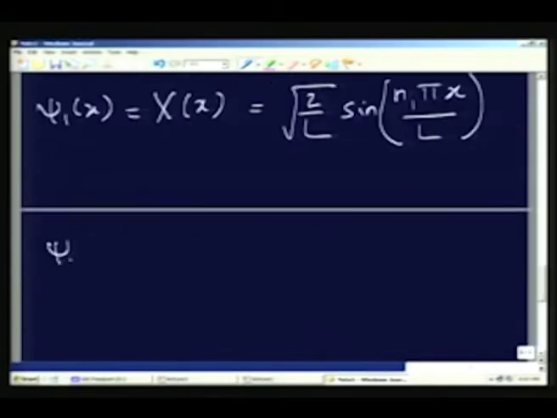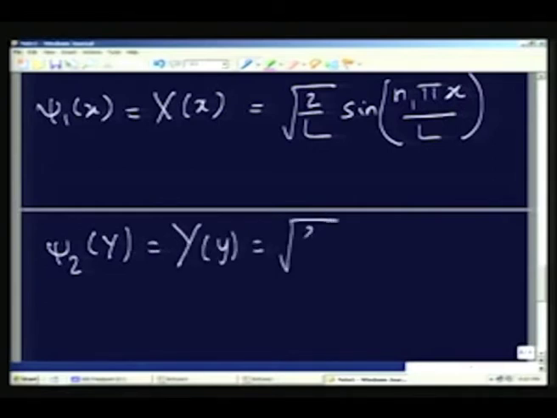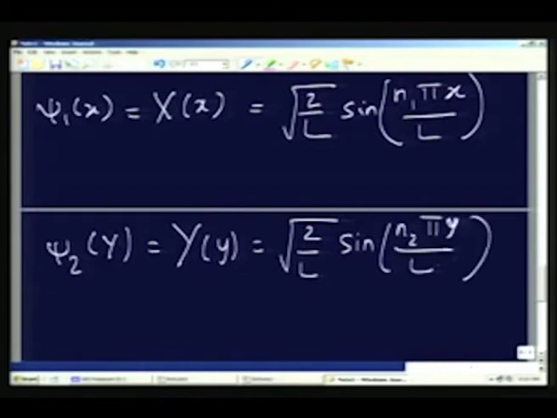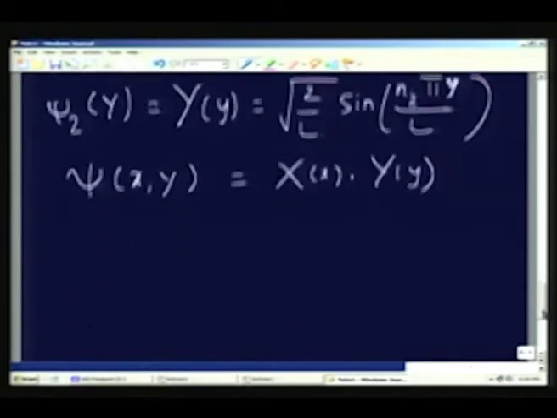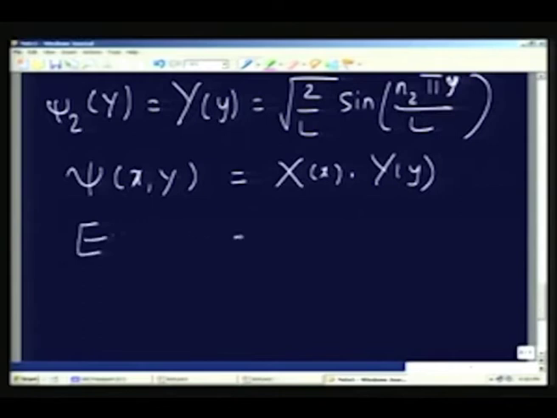Psi 2 of y, which is the function Y of y, is root 2 by L sin n2 pi y by L, such that the overall wave function psi of x comma y is X of x times Y of y, and the overall energy E is E1 plus E2.